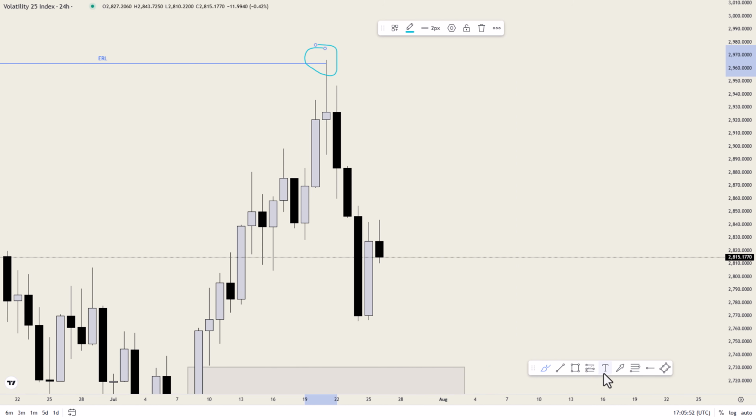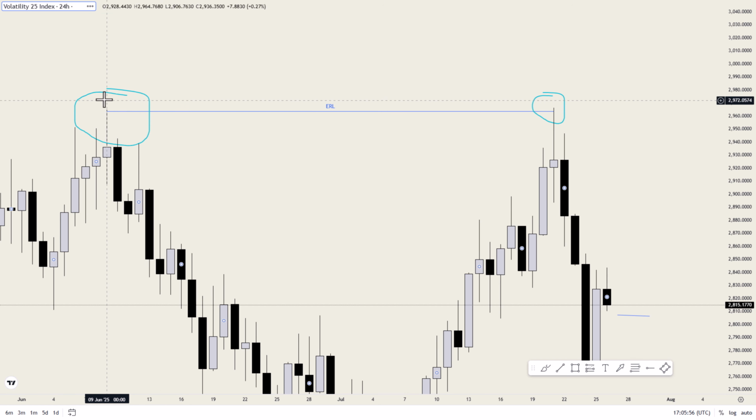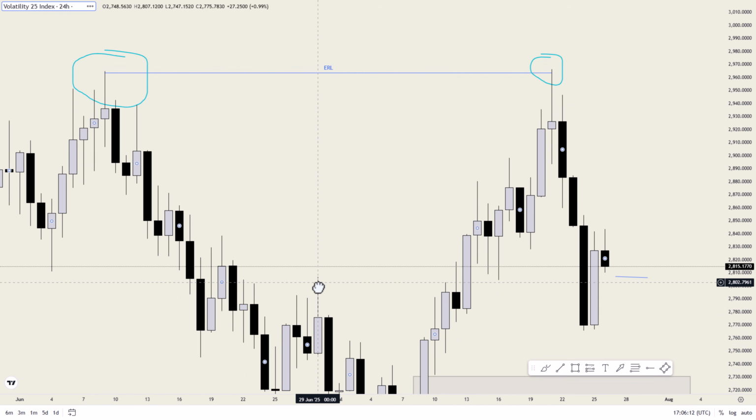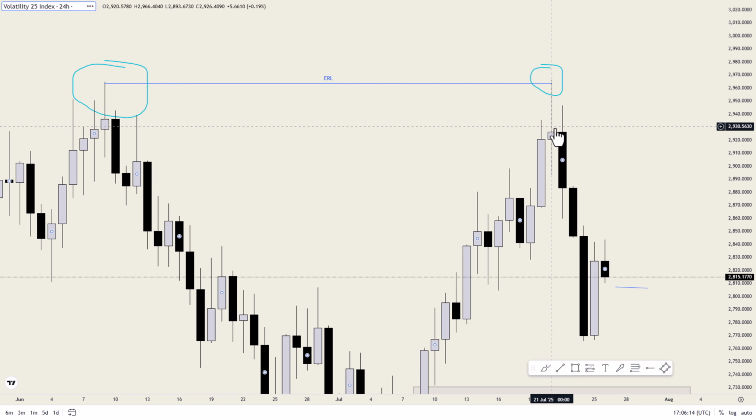This is the candle that swept liquidity above this high. And as soon as price swept liquidity above this high, we see price came back into the range, meaning into this range from this high to this low. We see price came back into the range of that daily candle and closed inside the range.